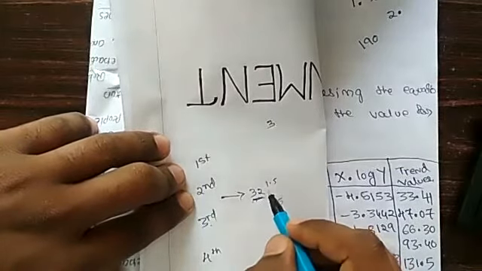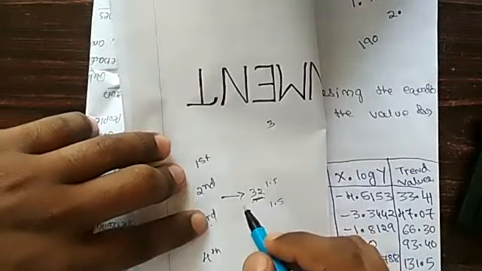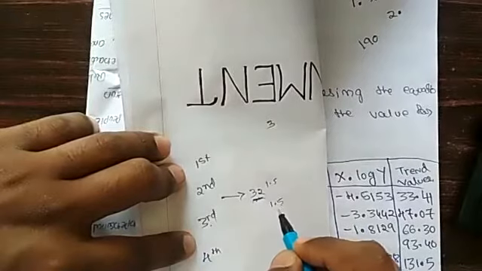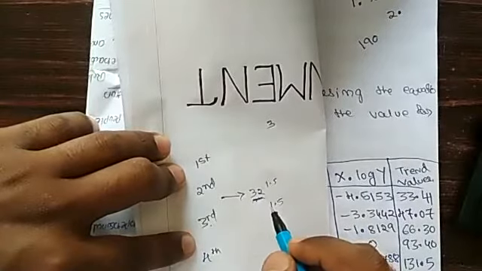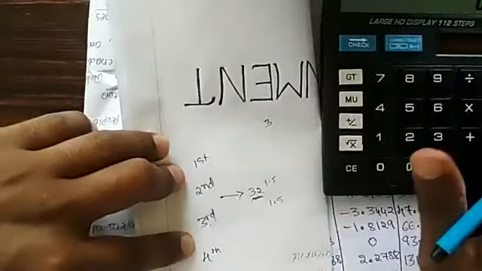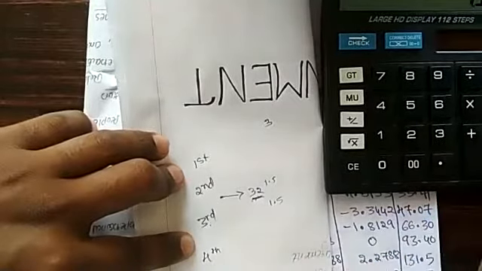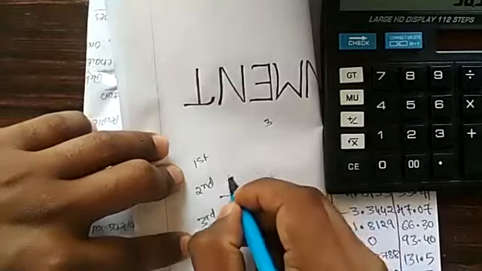Now we have to deduct 1.5 from 32, and in order to find the trend value for the third quarter in the year 2007, for 32 we have to add 1.5. So we'll do that. 32 minus 1.5, that is 30.5.